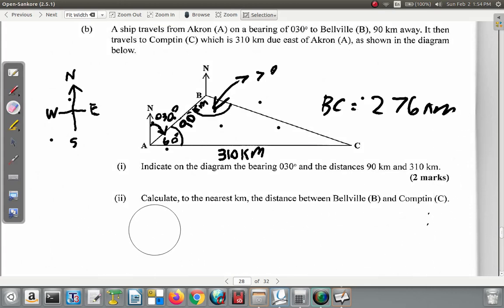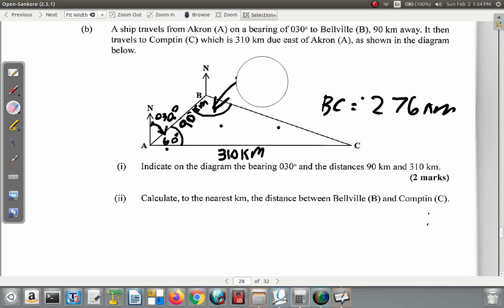We want the bearing of C from B. When you say from B, it means that is where you're going to draw the arc. And try to remember that this was 77 degrees. C from B means you're going to draw the arc at B, and this is the angle you want.